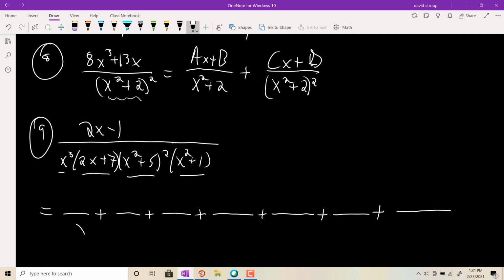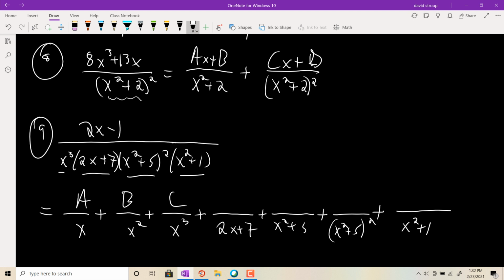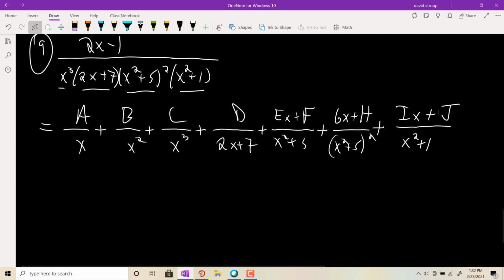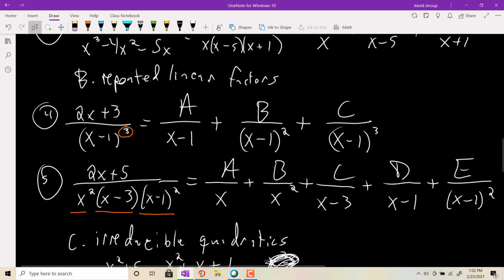So the denominators are x, x squared, x cubed, 2x plus 7, x squared plus 5, x squared plus 5 squared, x squared plus 1. And up top you go a, b, c, d, ex plus f, gx plus h, ix plus j. You hope you don't ever see one of those on a test. So that's how you set it up.